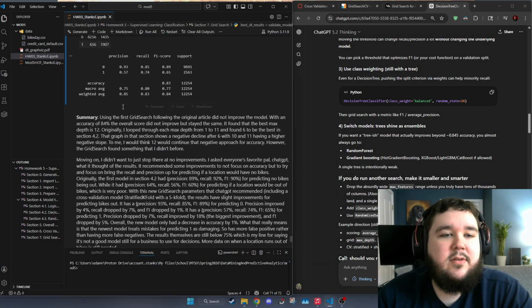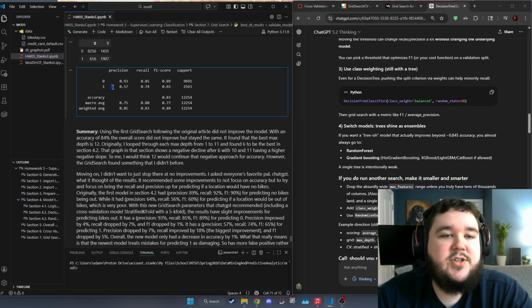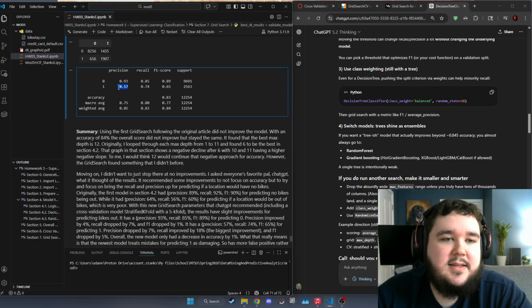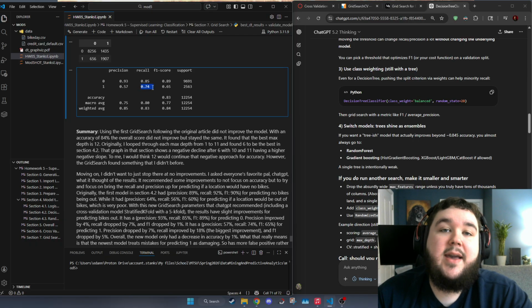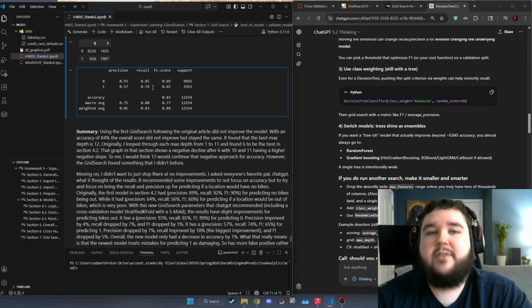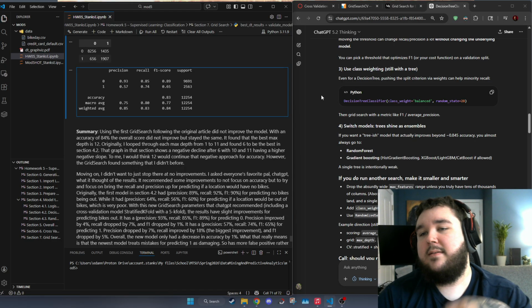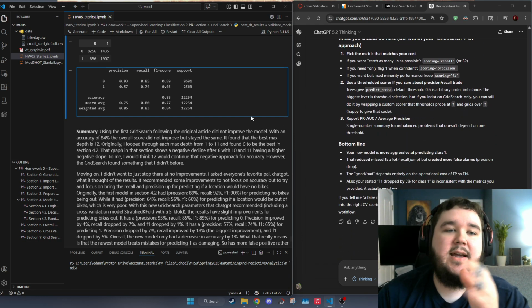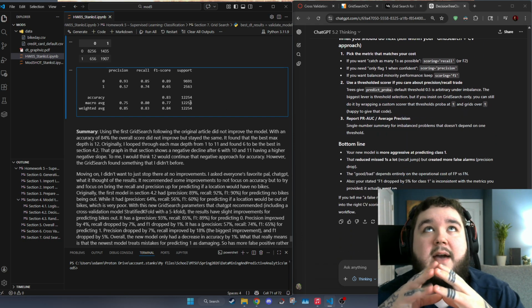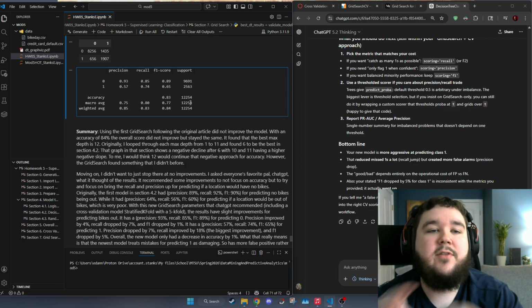And going back down, we want to look at our precision, recall, and F1 score. This is down slightly, but our recall is up 18%. So really what this means, and I of course asked our little assistant over here what that means, is that it's going to have more false positives than false negatives.